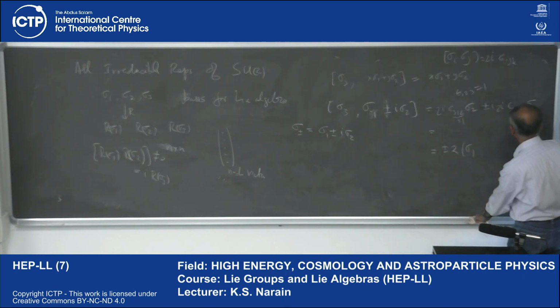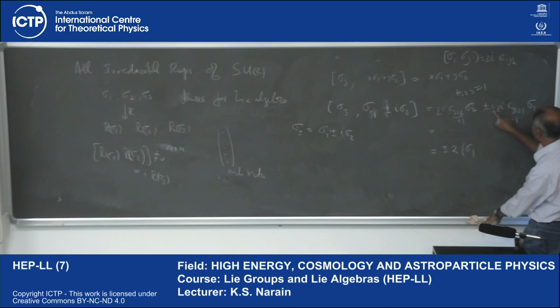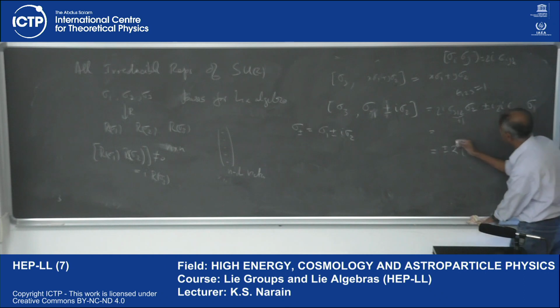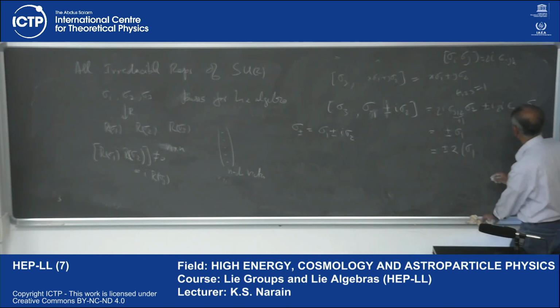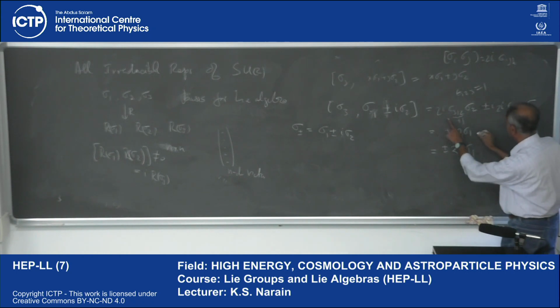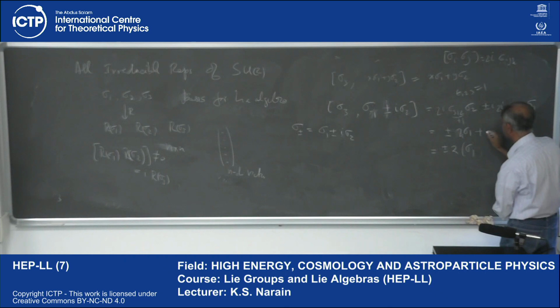So let's look at this term here. This is minus, i squared is minus, plus. So this was correct: plus minus sigma 1. Okay, 2 sigma 1. And here we have plus 2i.